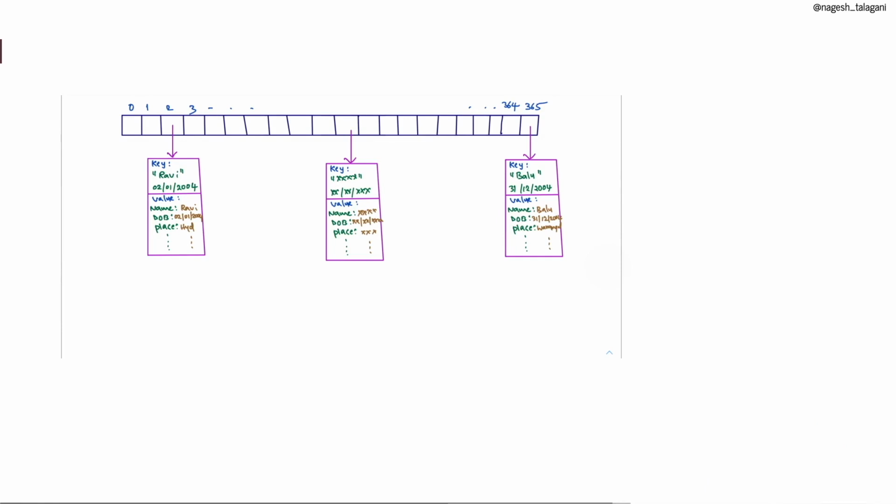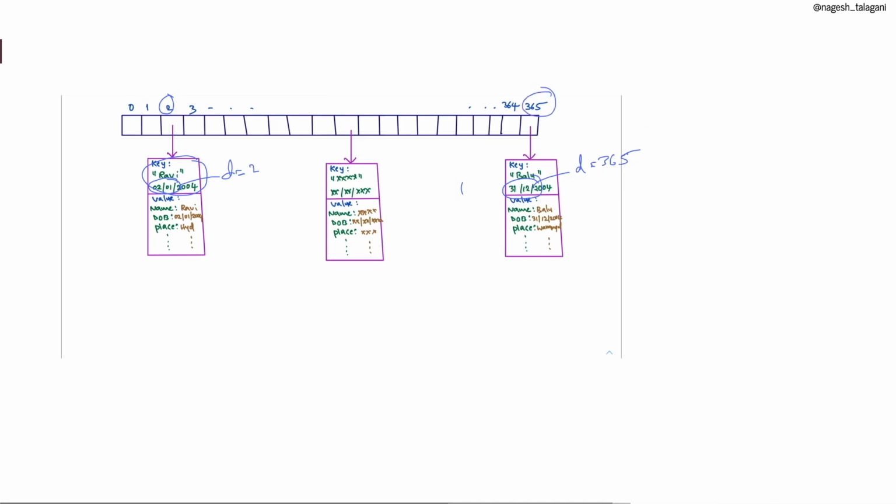See, here this record, here is a key, and this student was born on 2nd January, so his hash code will be 2, so that's why this record is stored at index 2. If you look at this record, this student was born on 31st December, so this key hashes to d value 365, so this record is stored at index 365, like that.